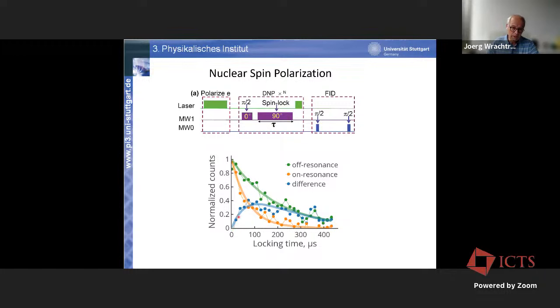The electron spin is losing polarization to the nuclear spin system up to a certain point, 150 microseconds or so. Then both channels are decaying, because the electron and the nuclear spin system are coupled to larger heat baths where they lose polarization. But at least for this 150 microseconds or so, you start to polarize the nuclear spin.